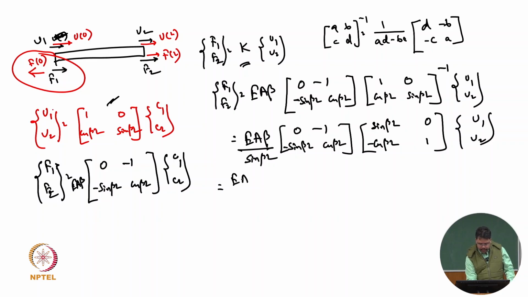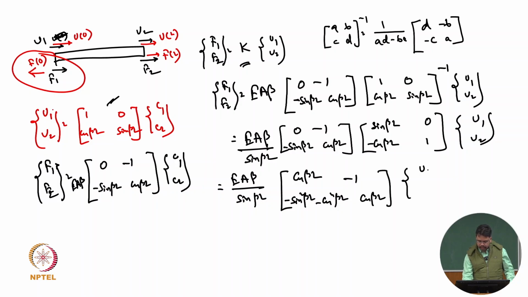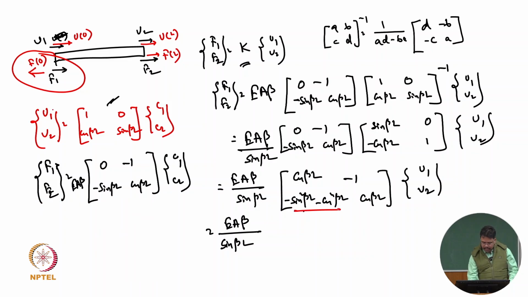So now if I just multiply it, 0 sin beta L minus cos beta L, so that will become cos beta L. This into this, so 0 1 minus 1 minus sin beta L, so that will be minus sin square beta L minus cos square beta L. So this will become cos beta L. So this is nothing but EA beta by sin beta L, and this guy is nothing but minus sin square beta plus cos square beta.